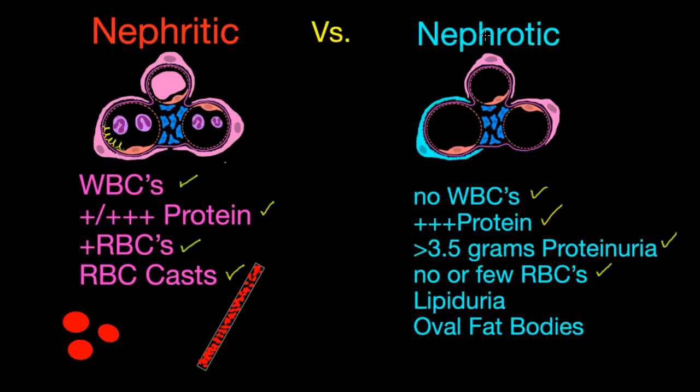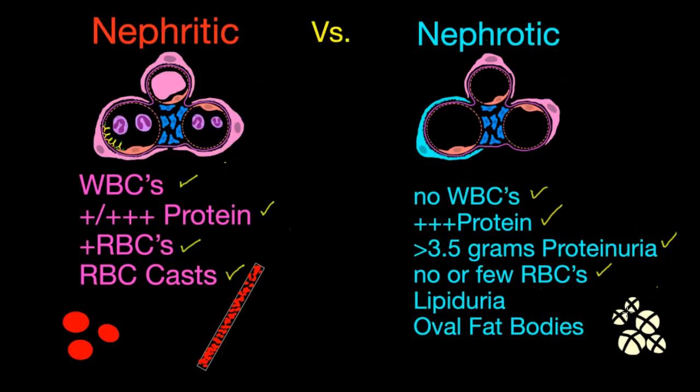Some of the nephrotic diseases can have a few red blood cells, but for the purposes of your exams, there's really not going to be much hematuria at all. And you can also see lipiduria and something called oval fat bodies. So oval fat bodies are sort of degenerating tubular epithelial cells that have sort of absorbed a lot of filtered lipid.